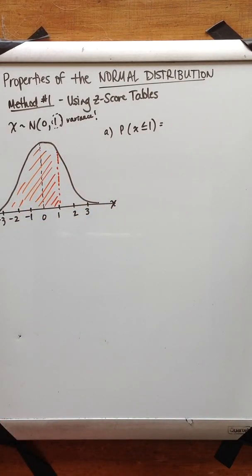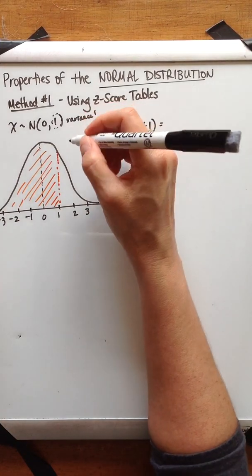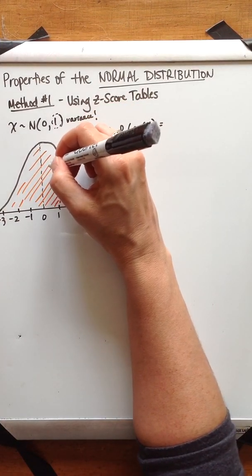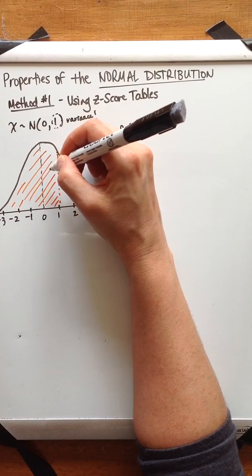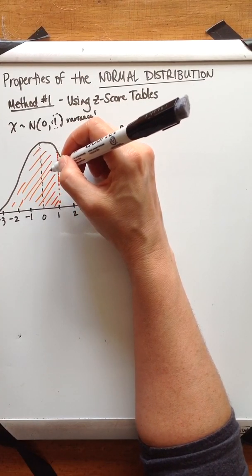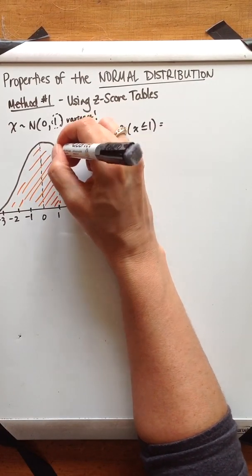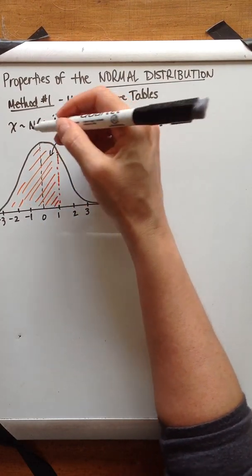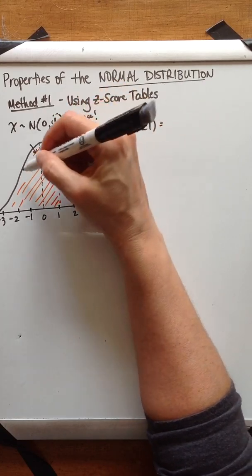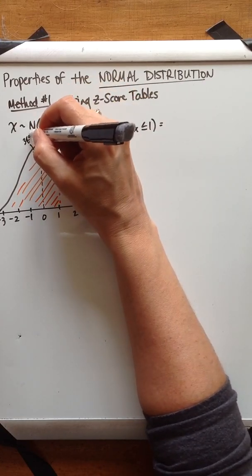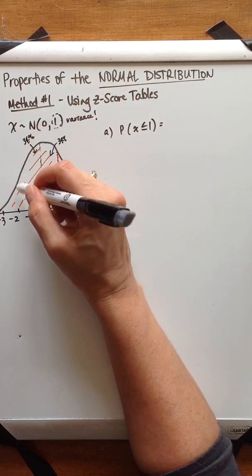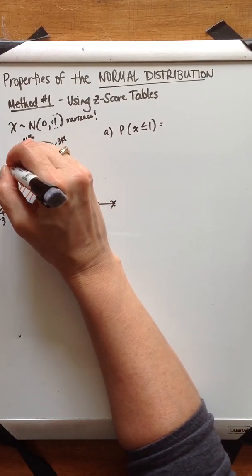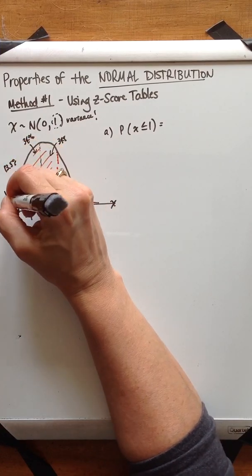Now, rough guessing, you know that this little section here is 34%, right? And you know that the section from 0 to the first standard deviation to the left is also 34%. And the next little section is 13.5%, and then this is a tiny little section.